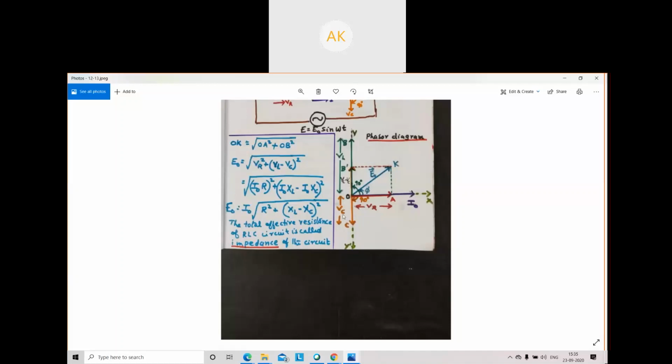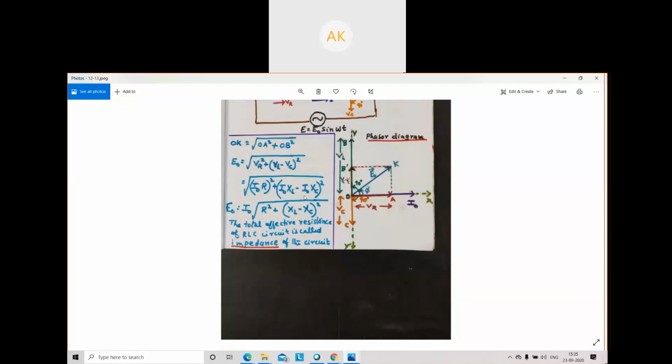So VL we represent with a greater vector OB, and the voltage across the capacitor, VC, is represented with a smaller vector. So all three vectors are represented here.